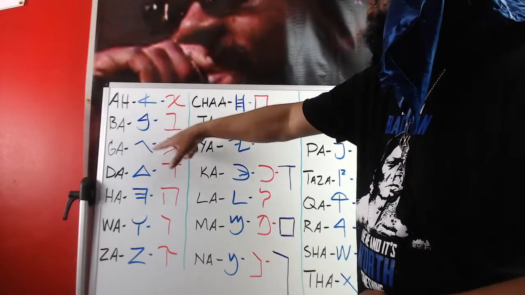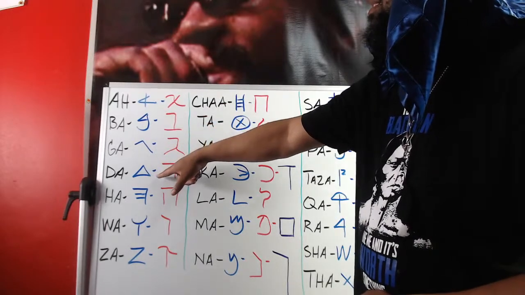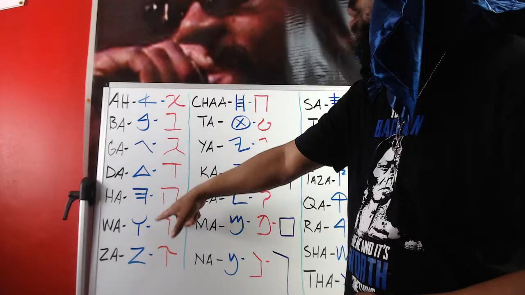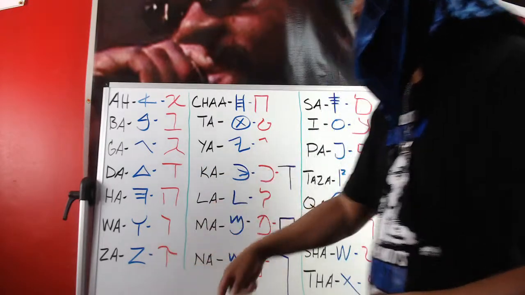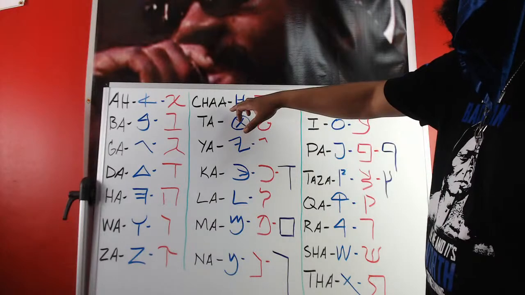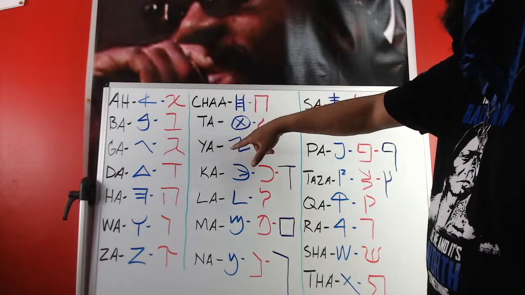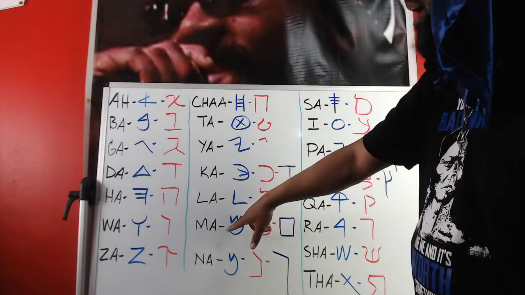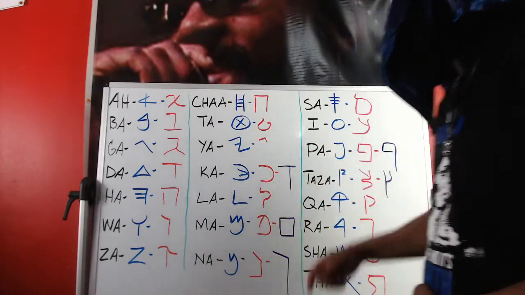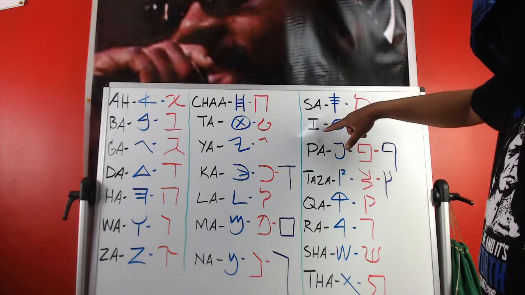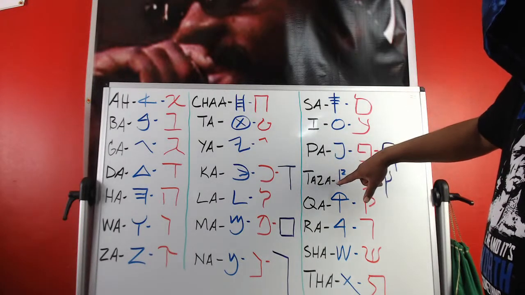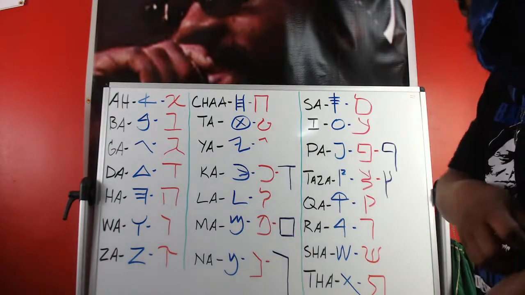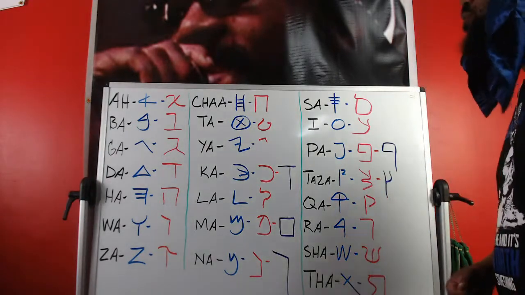Ba, Ga, Da, Ha, Wa, Za, Ka, Ta, Ya, Ka, La, Ma, Na, Sa, I, Pa, Taza, Kwa, Ra, Sha, Ba. Again, let's go over this again.